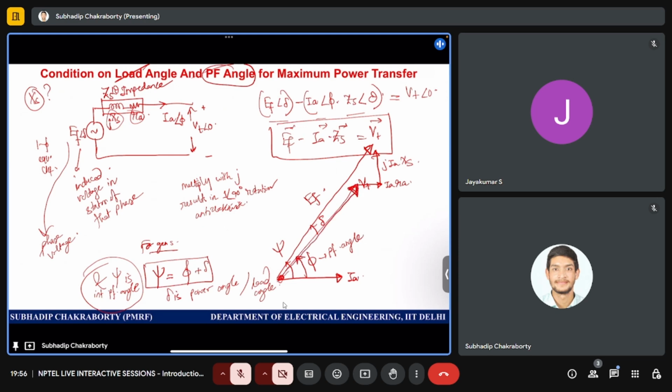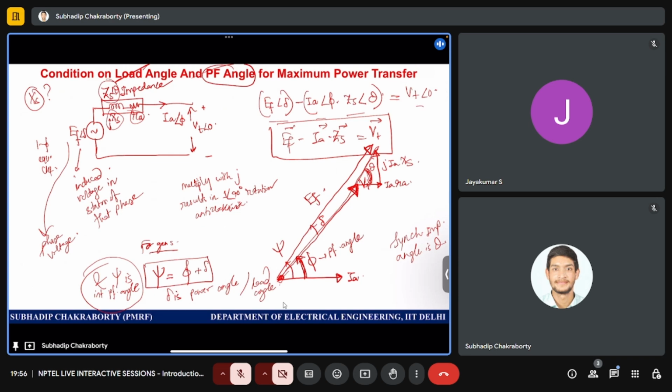This is the load side power factor. And the synchronous impedance angle is theta. This angle is theta. Clear this phasor diagram?